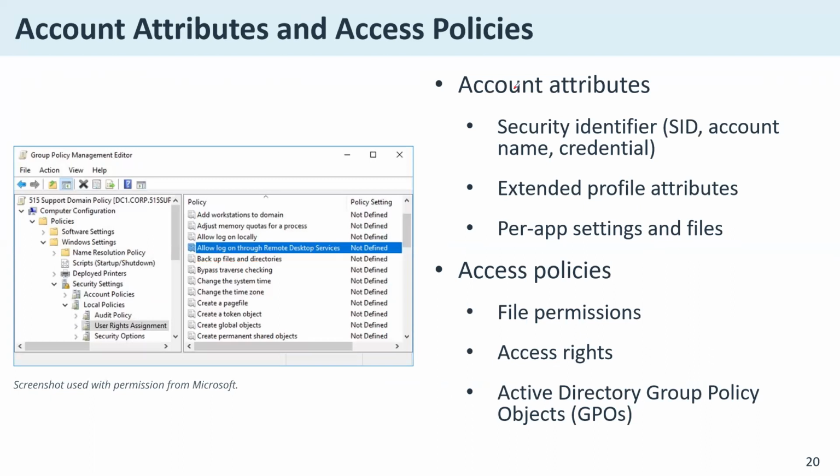Then some of the things that you might be provisioning are your account, your credentials, and the different attributes, the different kinds of things the person can do. And at times you might need to do some settings for the individual, depending on the kind of asset you're trying to grant access to. Then we also have access policies.